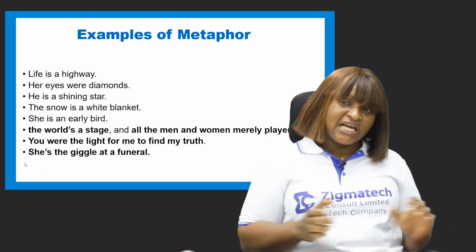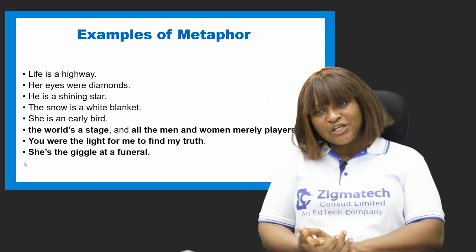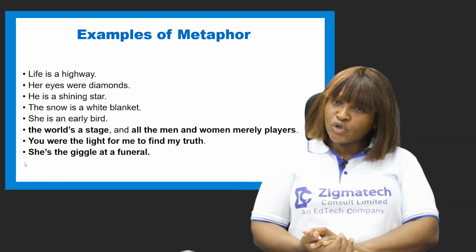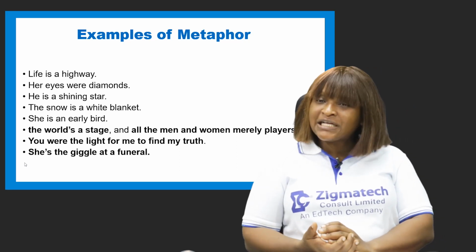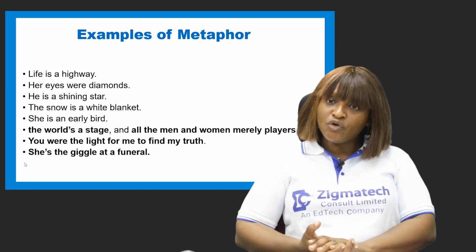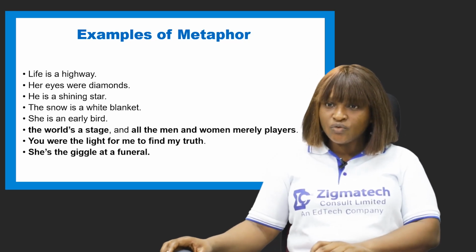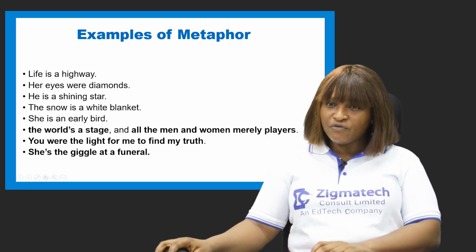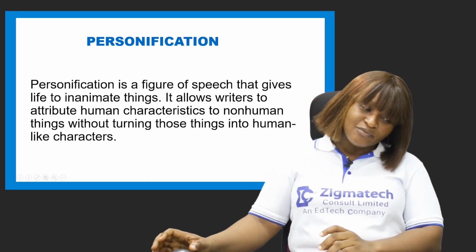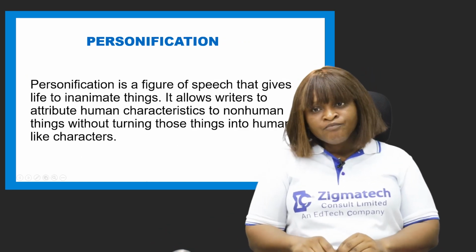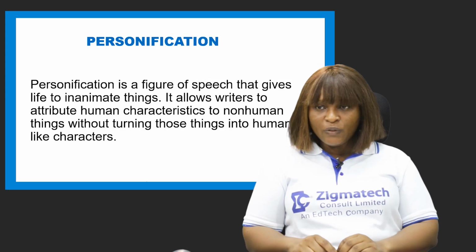You're not saying that your big brother is like the light of the family. Rather, you say your big brother is the light of the family. What you're saying in that essence is that as long as things are going on well in the family, your big brother is the reason for that. She's the giggle at the funeral. You go to a funeral, people are laughing, people are happy. She is the reason for that.